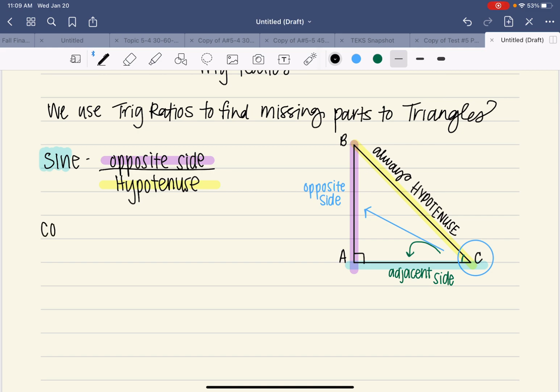The next one is cosine, abbreviated as cos, and its ratio is the adjacent side over the hypotenuse.